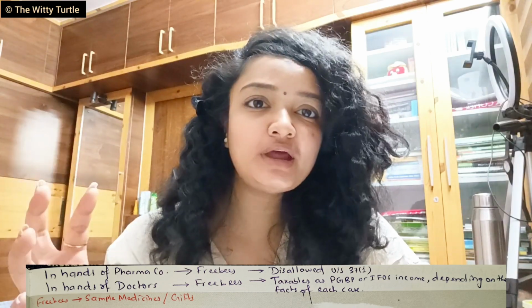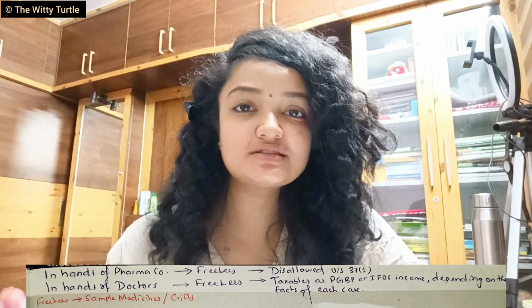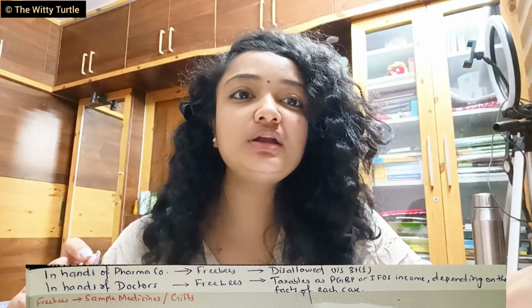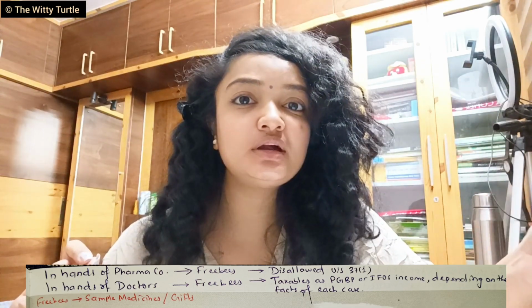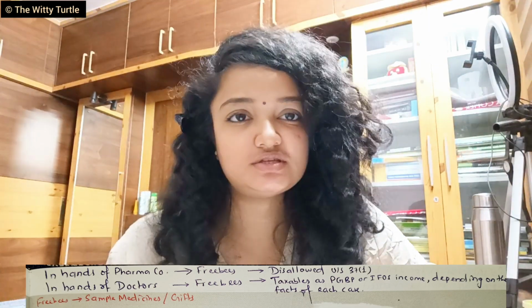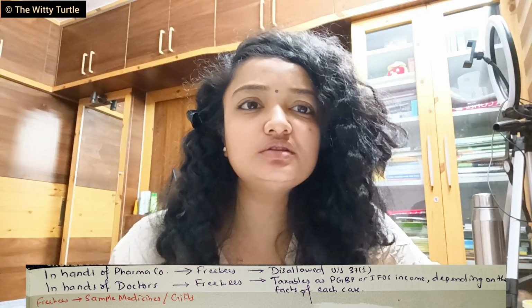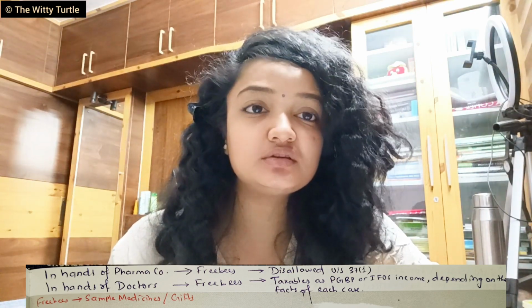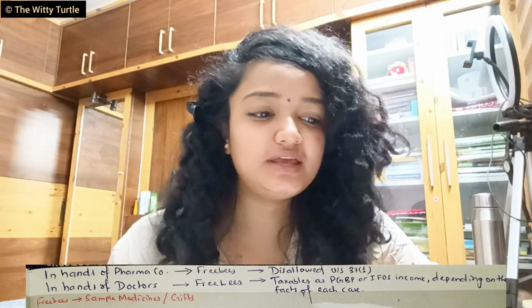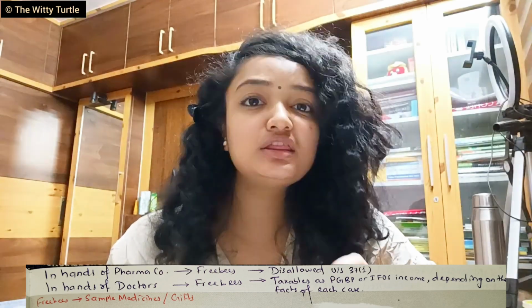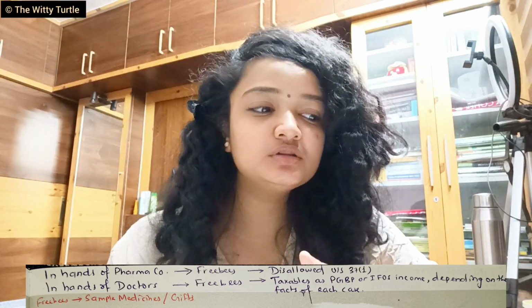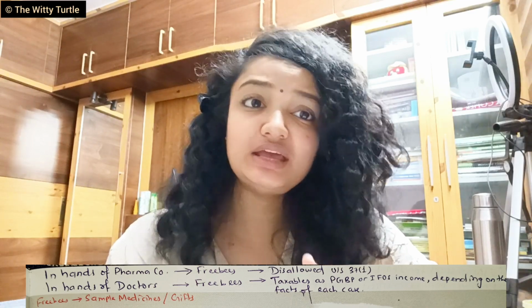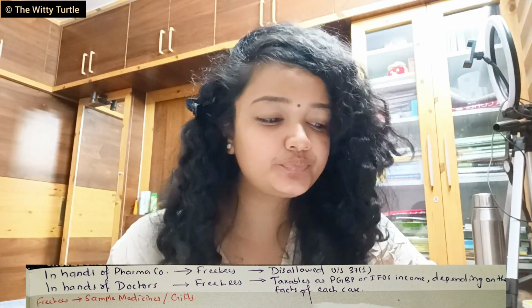For one medical practitioner it can be taxable under PGBP, and for another it can be taxable under income from other sources, depending upon the facts or situation of the particular case, right? And in this section the freebies also include sample medicines or any kind of gifts, right?